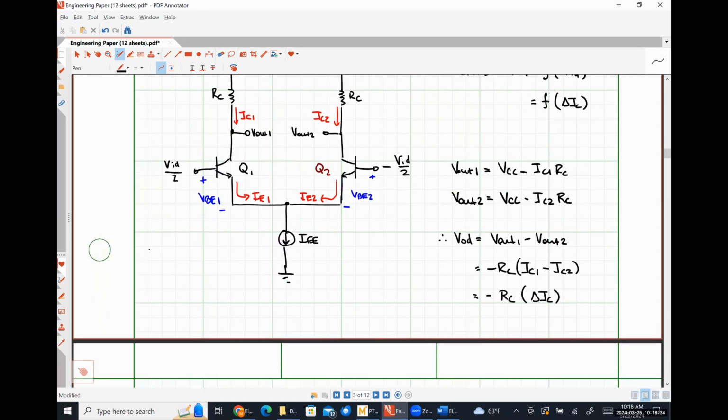So what I'm going to do is write a Kirchhoff's voltage law equation.